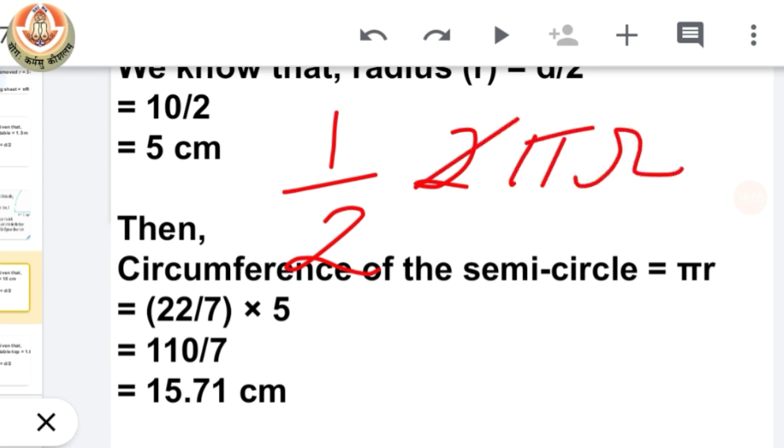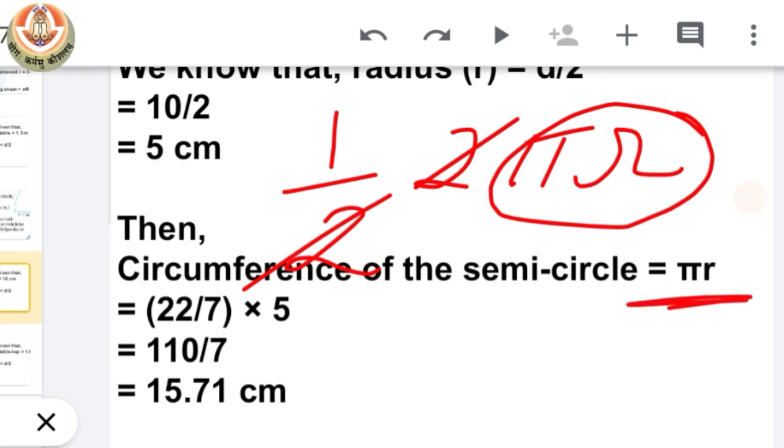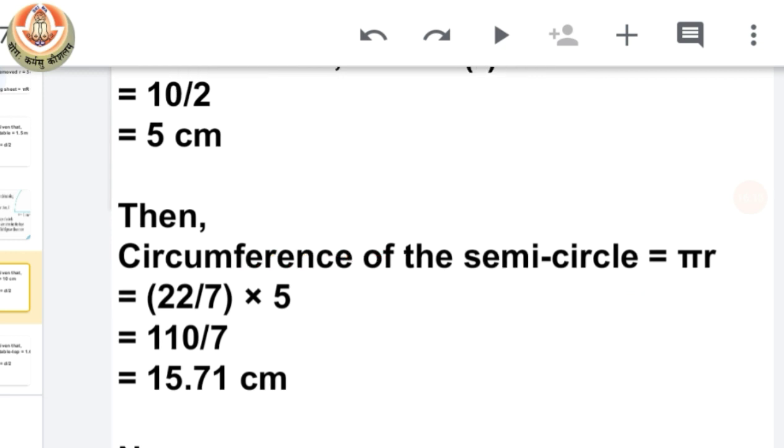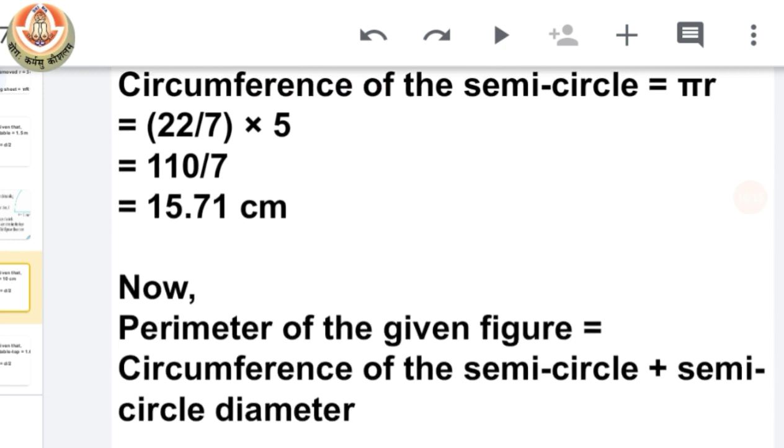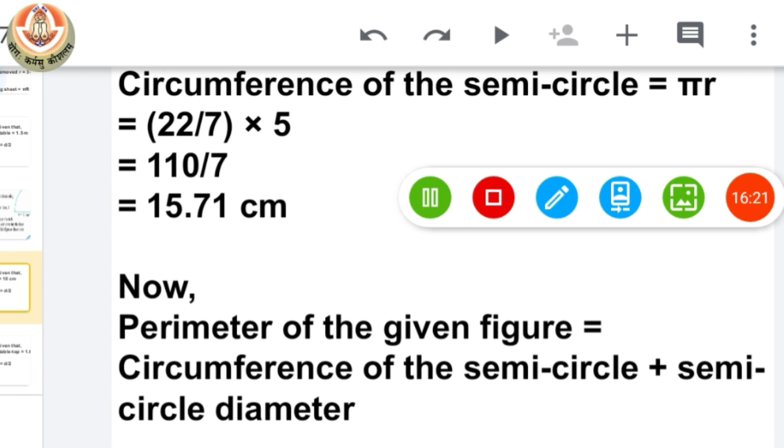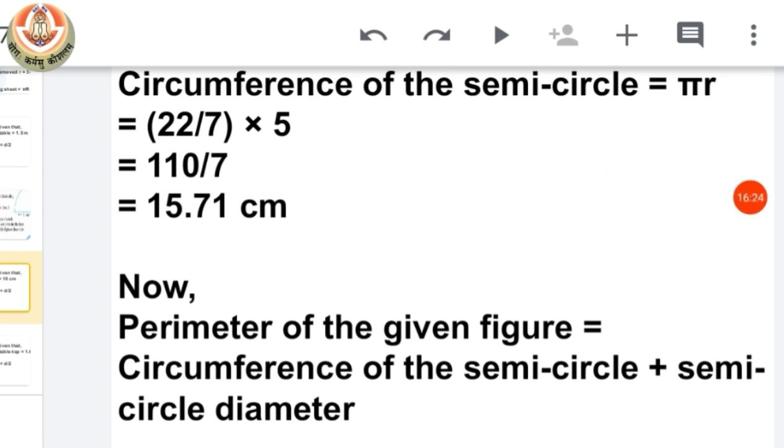So 2 will cancel out with 2, we will only have pi r. So the circumference for the semicircle is pi r. So we have to put the value for pi and radius. After solving it, we will have circumference 15.71 centimeter.